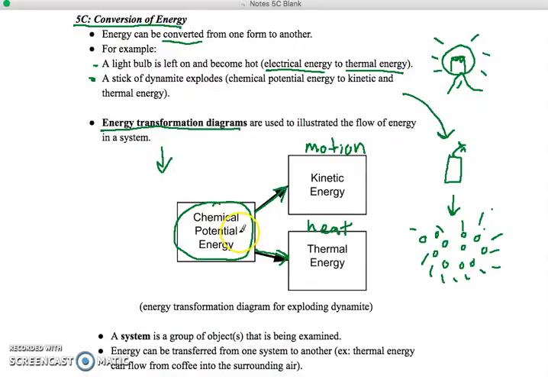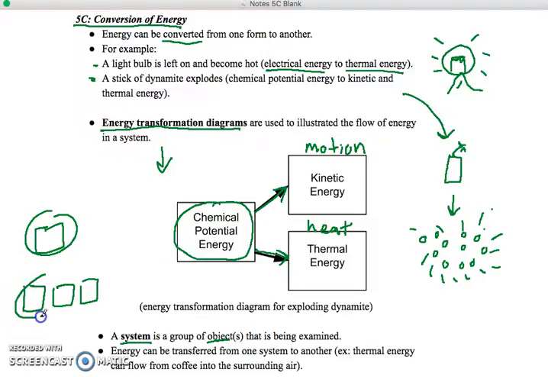The last part is just generalizing this a bit. The last concept is a system. A system is a group of objects, or it could be just one object, that's being looked at. It's whatever you're examining at the moment.